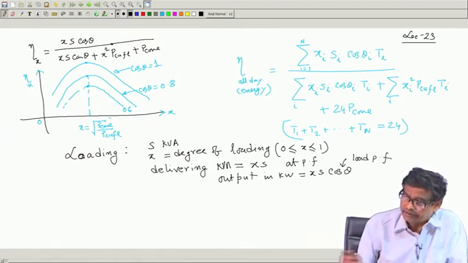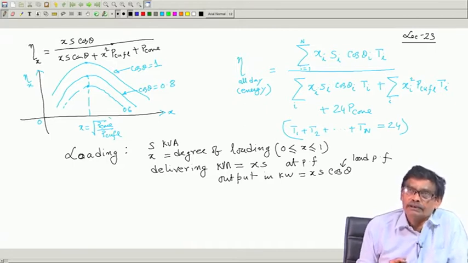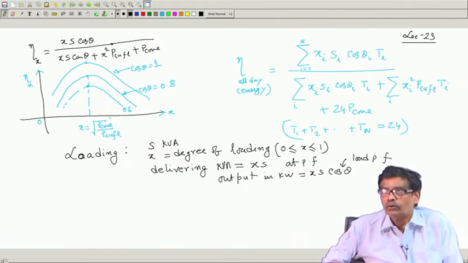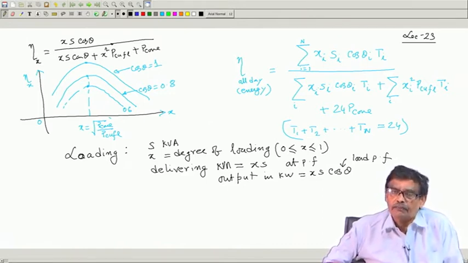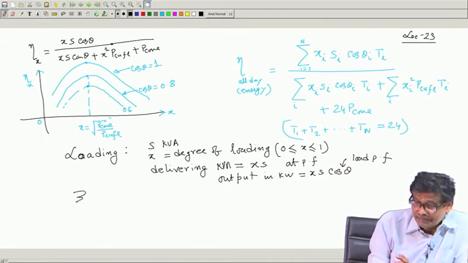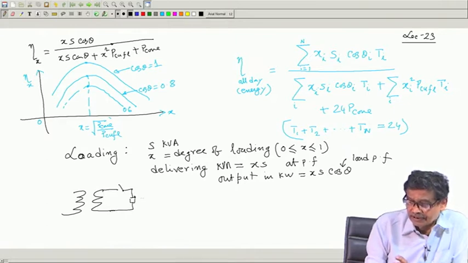This we have discussed. Now, sometimes the load on the secondary of a transformer is not, although I am drawing it like this for a practical transformer to make you understand, there is some effective impedance connected.